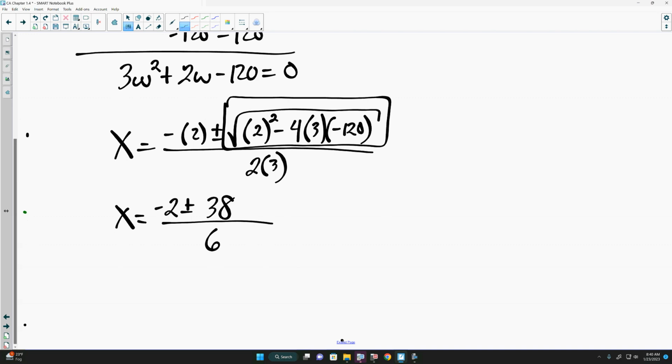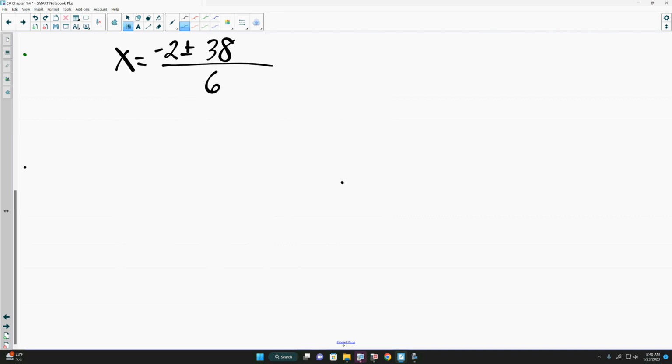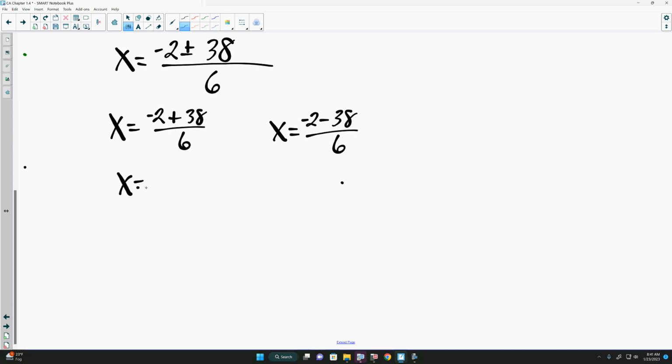Now, we need to finish solving from here. As we have x is equal to negative 2 plus 38 over 6, and x is equal to negative 2 minus 38 over 6. Well, negative 2 plus 38 is 36. And 36 divided by 6 is 6.